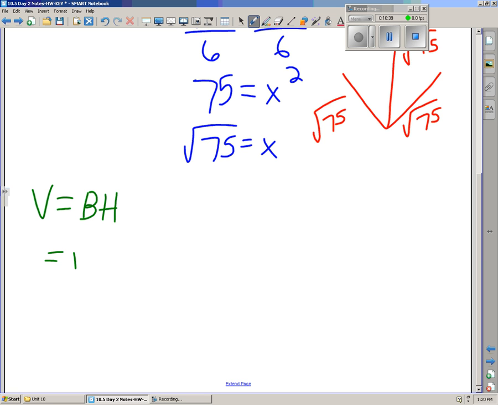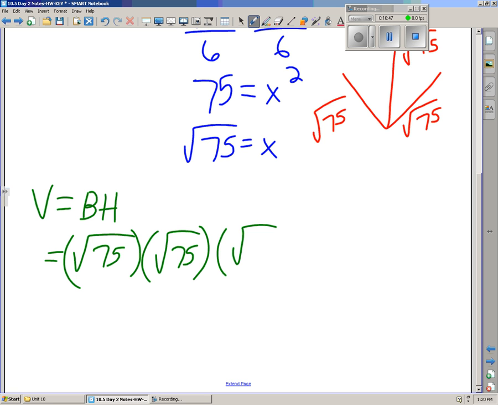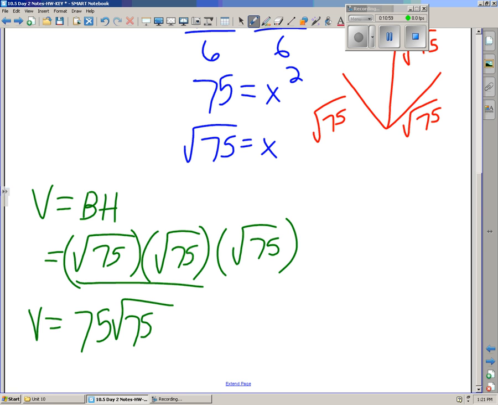We know that the area of the base is radical 75 times itself, right? And then the height of the solid is also radical 75. Well, what happens is these first two radical 75s, anything multiplied by itself, drops out of the radical. The other piece stays under.